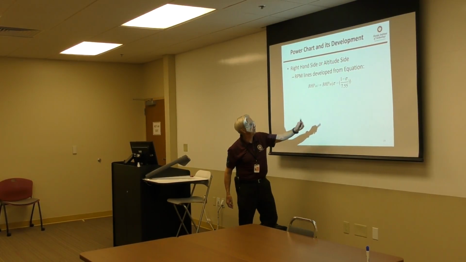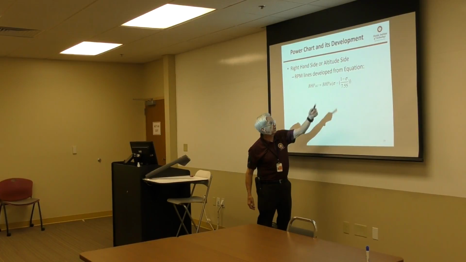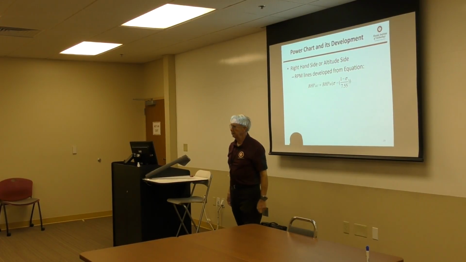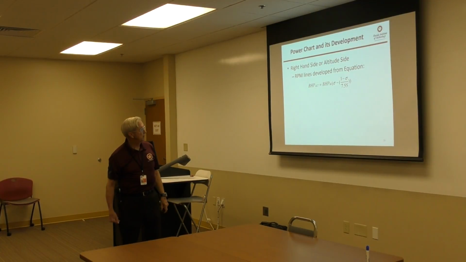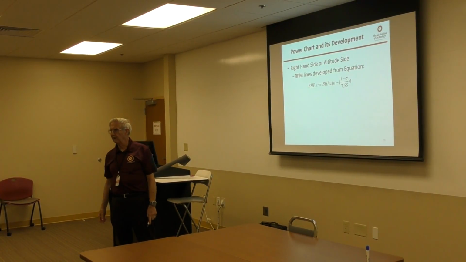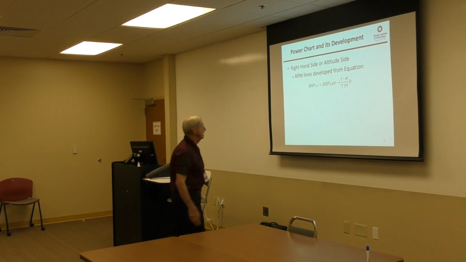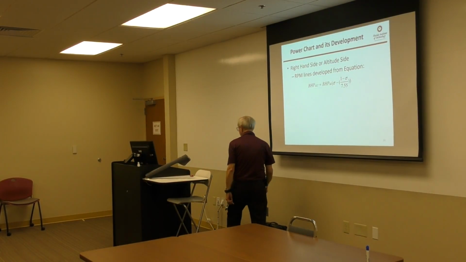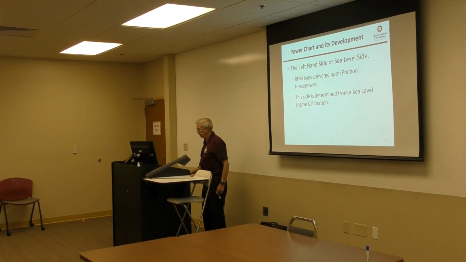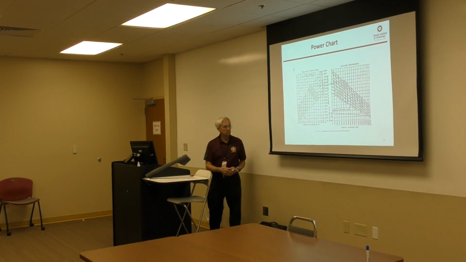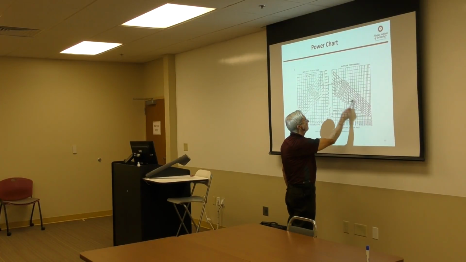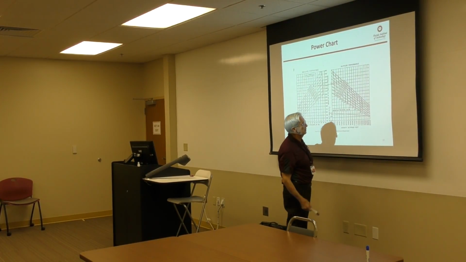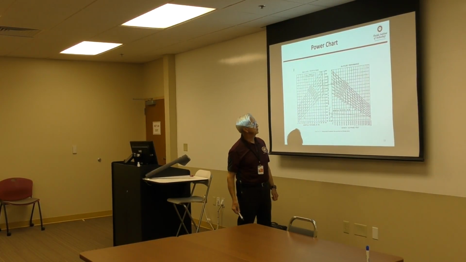Brake horsepower at altitude is the sea level brake horsepower times sigma, the density ratio, minus (1 minus sigma) over 7.55. That's the equation that gets you these lines, or the altitude side of the chart.